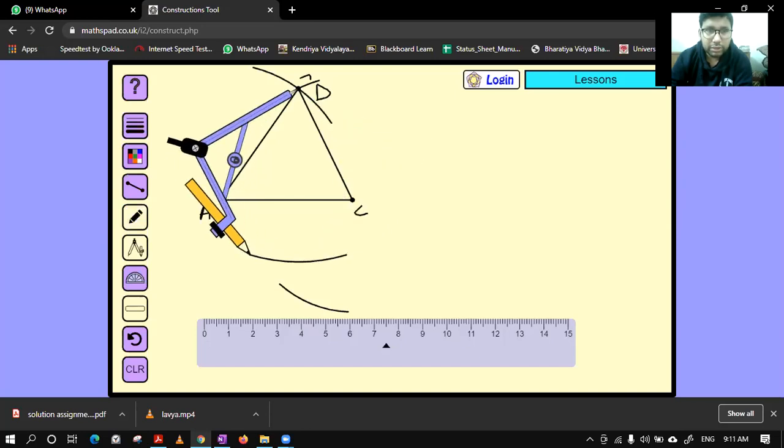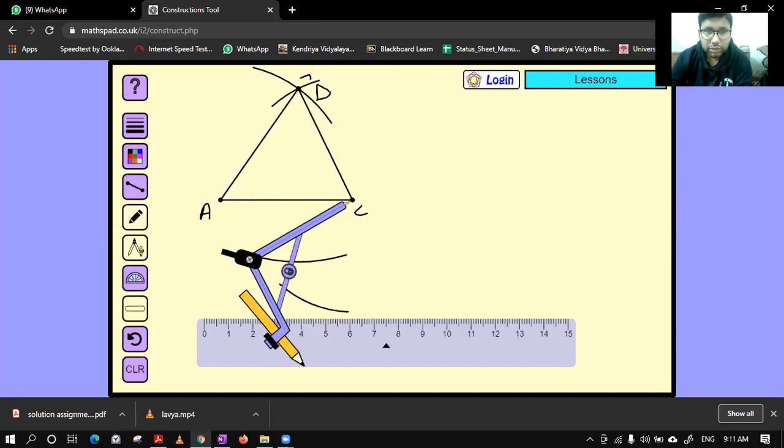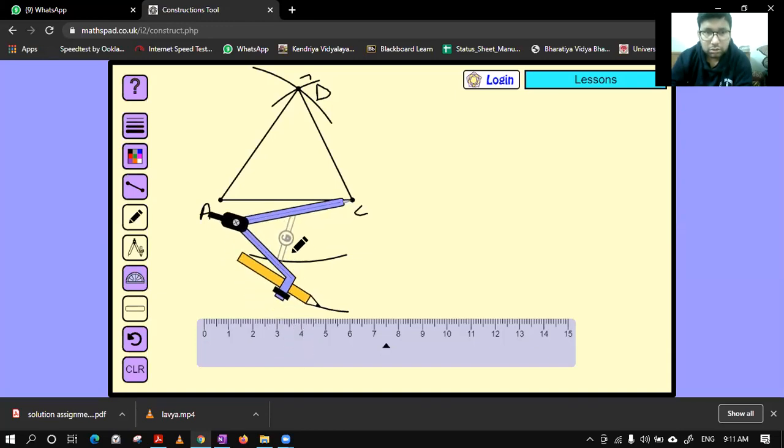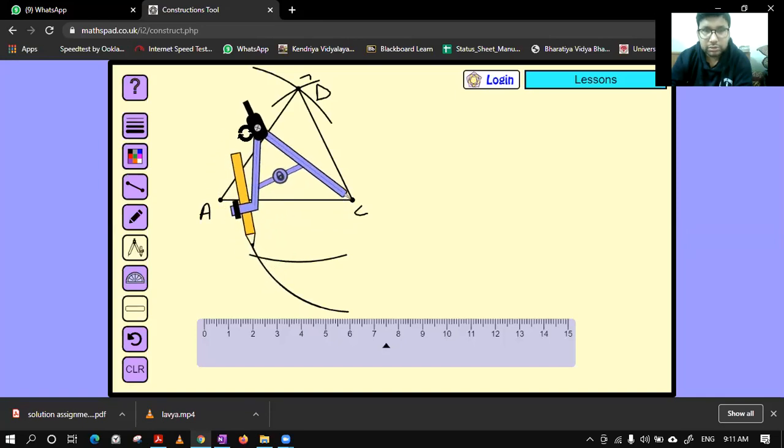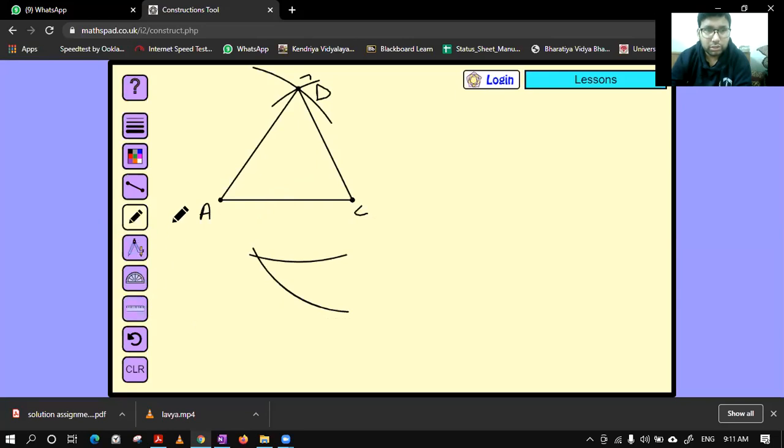It is not cutting it, that means we have to again draw the previous arc. We have to extend the arc. It will go like this. This is the point that we wanted, the point B, and just join it.